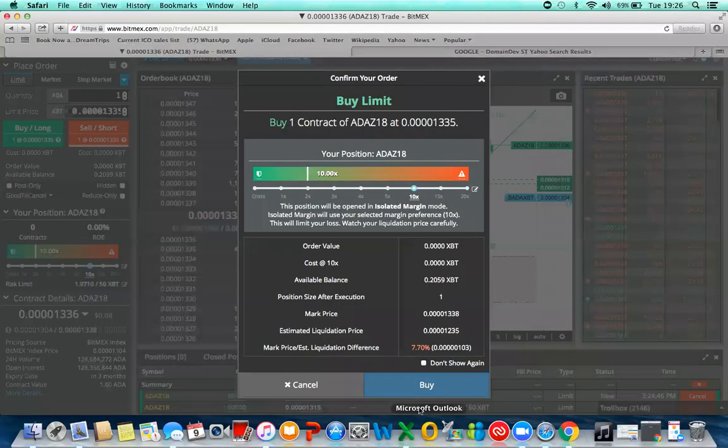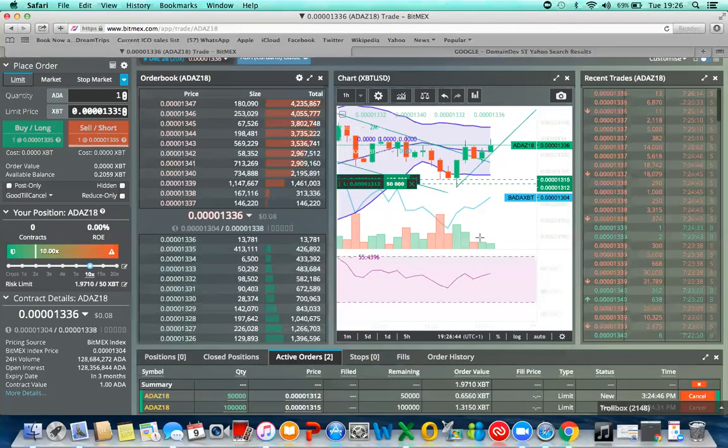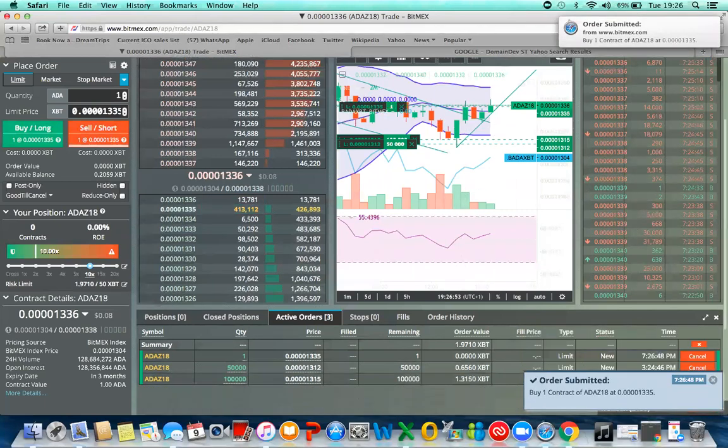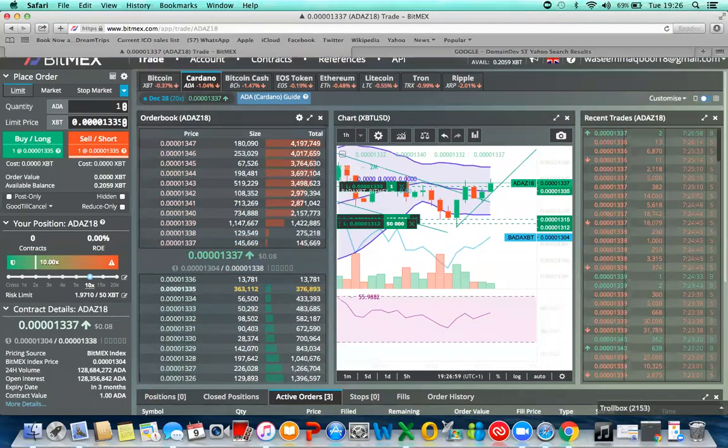Buy long, just one contract, just to show you guys. Okay, once this trade hits, then I'll show you how to use that way of putting the take profit. But before that, now the first way is if you can simply go here.